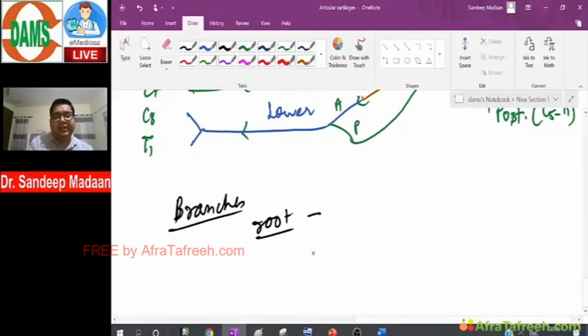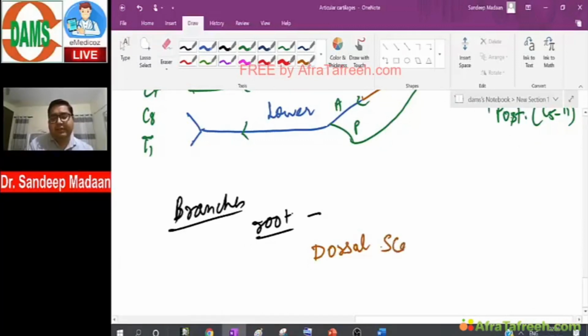One of the branches is the dorsal scapular nerve, having root value C5.